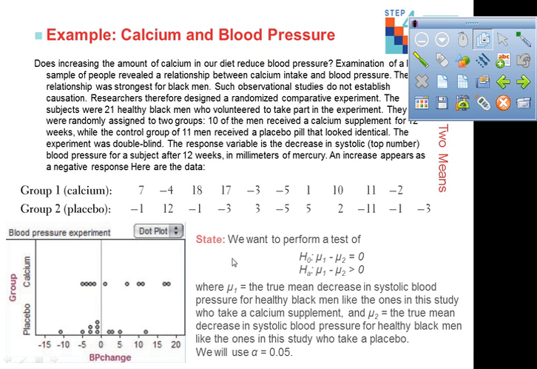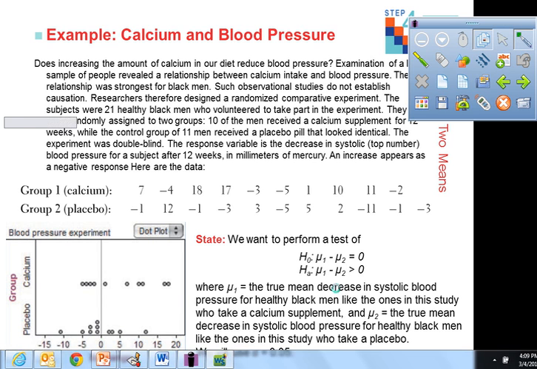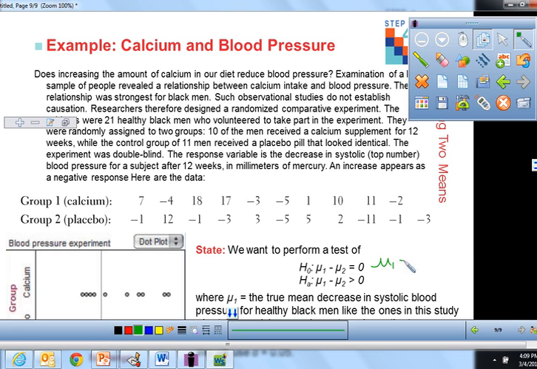of the 2. We assume there's no difference between taking a calcium and a placebo pill. Our hope is that for mu1 minus mu2, there is an increase. So I would write this as mu1 is equal to mu2, and the alternative that mu1 is greater than mu2. Remember, an increase in blood pressure appears as a negative.